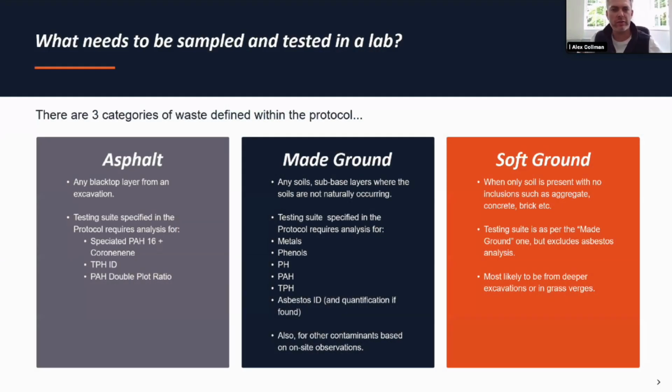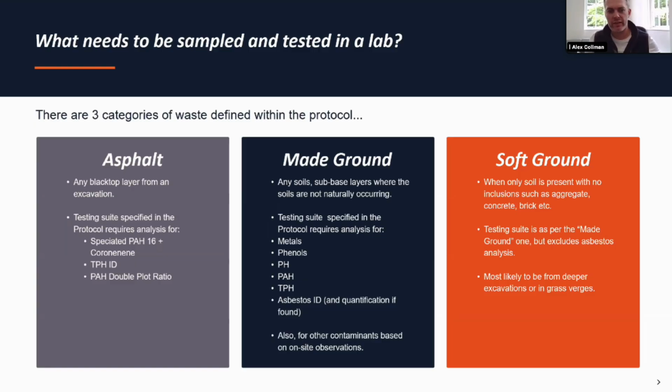So what needs to be sampled and tested in a lab? There are essentially three different waste streams that have been specified within the protocol. One being asphalt, the blacktop layer from an excavation, and that is specifically looking at the likely presence of coal tar. The testing suite specified in the protocol is predominantly based around hydrocarbons, and then a PAH double plot ratio, which is specified in the protocol.